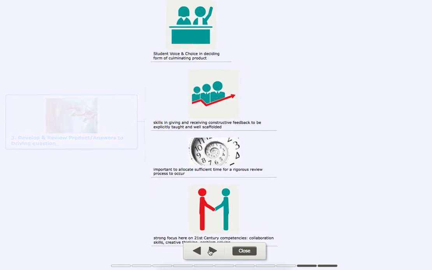So let's have a look at the stages here. Most important, and you'll remember this was one of the key elements, students must have voice and choice in deciding how they're going to demonstrate their understanding. What is their culminating product going to take? What form is it going to take?